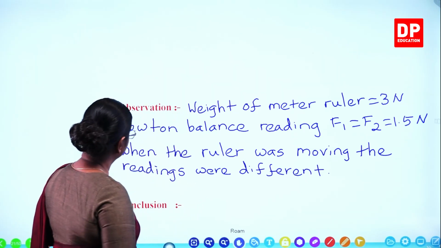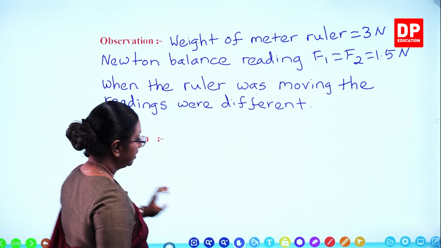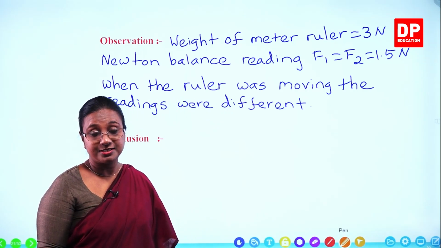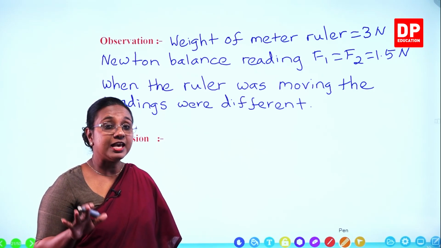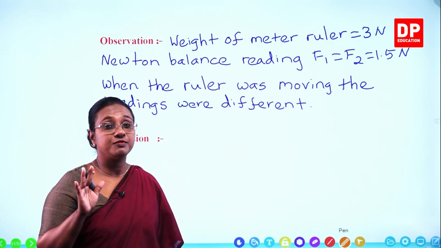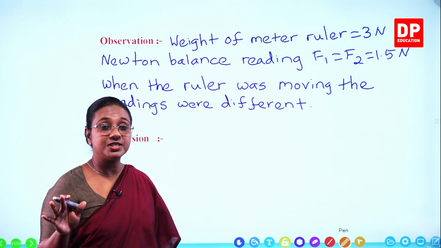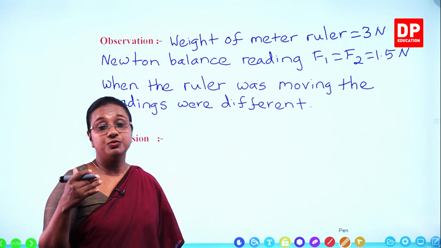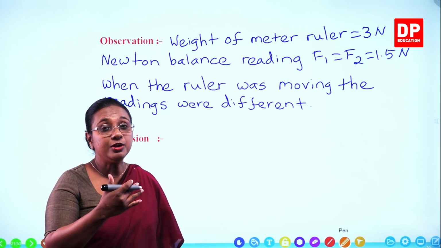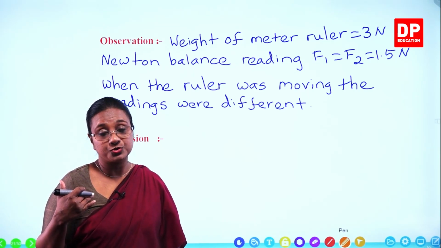So from that, students, what can we conclude? What can we conclude from this activity? We can say, for an object to be in equilibrium under the action of three coplanar parallel forces, the sum of the two forces acting in the same direction should be equal to the third force.